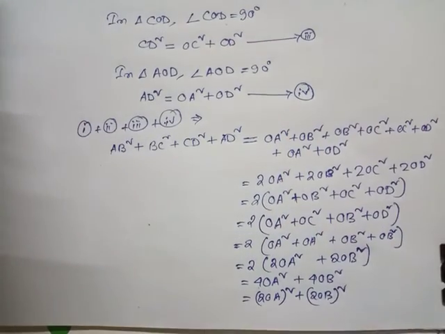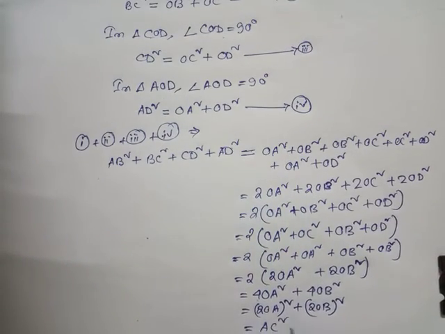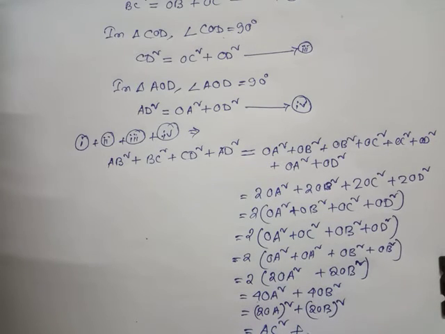So here we'll write down the last line as AC square, and this is BD square.